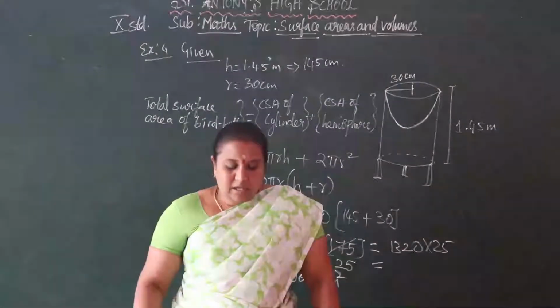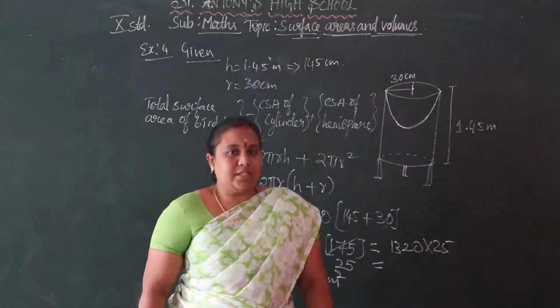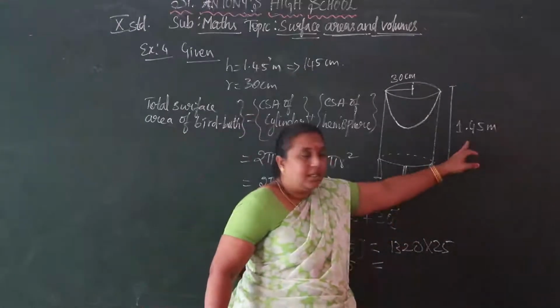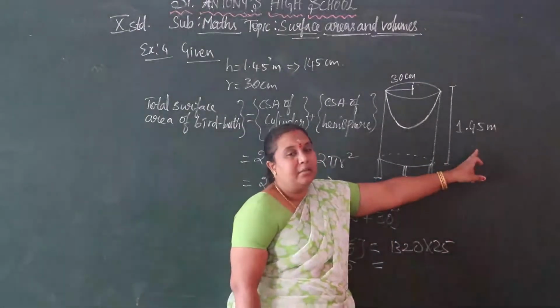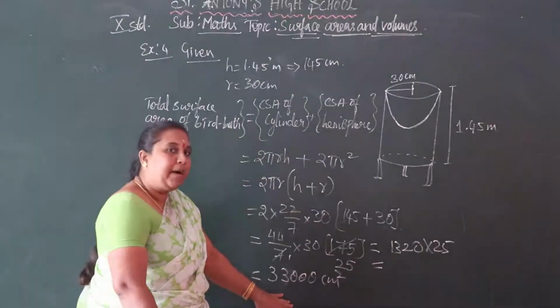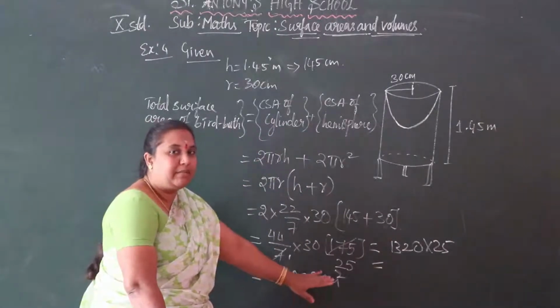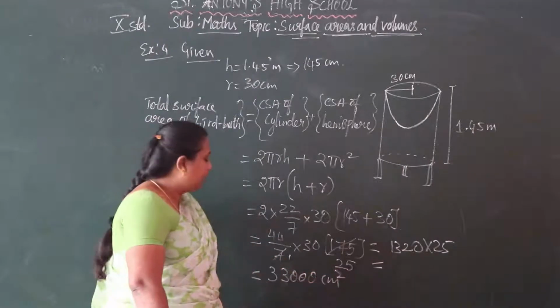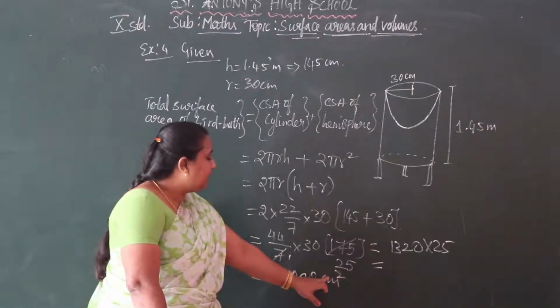Okay, so 33,000 centimeter square, we have to change that into meter. Okay, we have the value in meter, no? So we have to change that. So this is also correct, but we have to change this into meter, which is the exact answer. Okay, so 33,000 centimeter square.